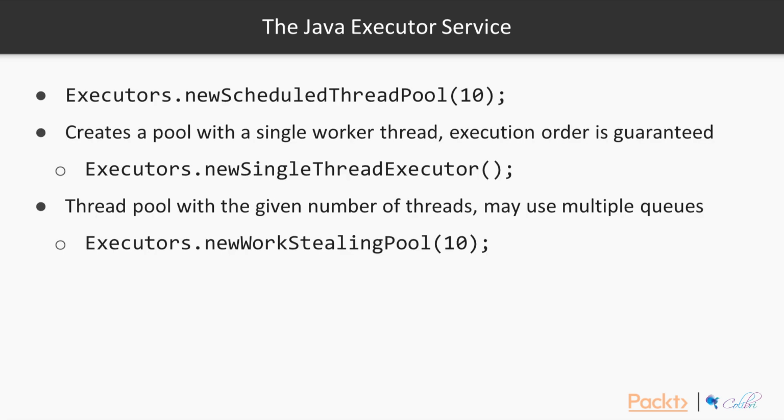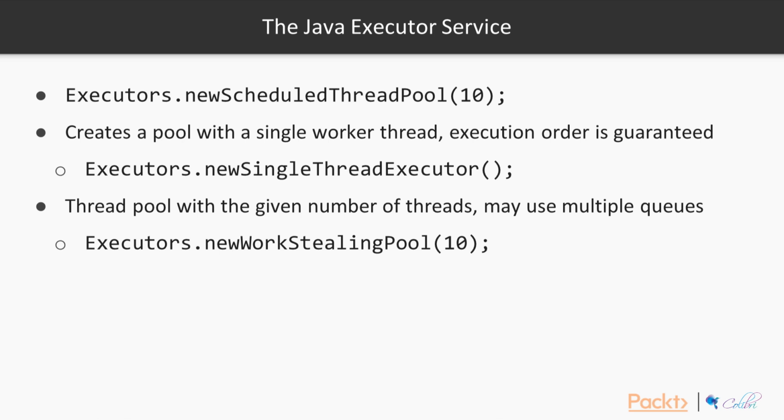The third option, the scheduled thread pool, is probably the most advanced in this list. It not only allows submitting tasks for execution, but it also allows scheduling tasks, either after a certain delay or for repetition. The single thread executor is well defined by its own name. It creates a thread pool with only one thread available. This means that the order in which the tasks have been submitted is the order in which they get executed.